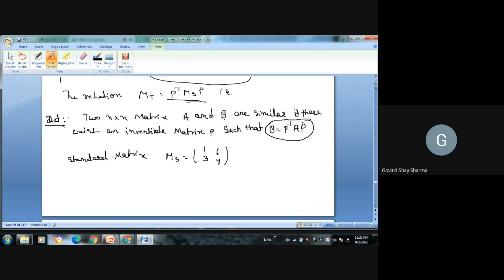The basis vector (2, -1) can be written as 2 times (1, 0) plus (-1) times (0, 1), and (1, 1) can be written as 1 times (1, 0) plus 1 times (0, 1).